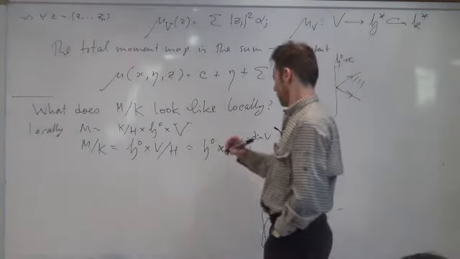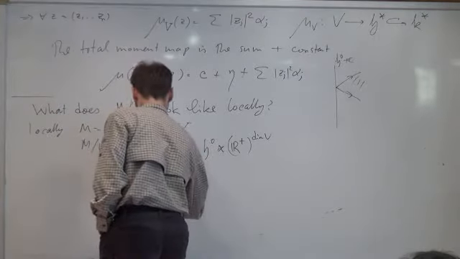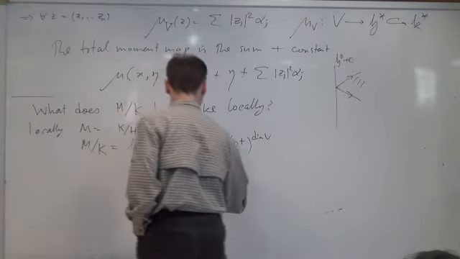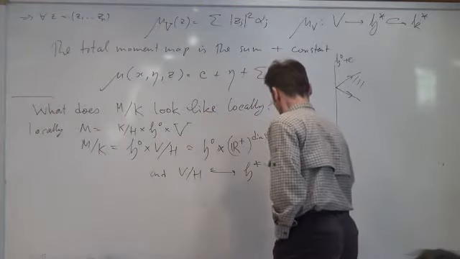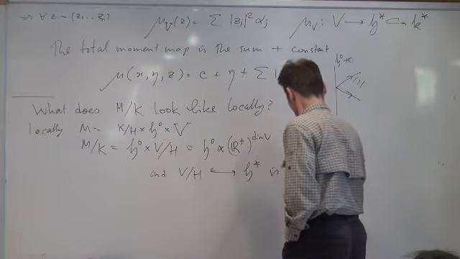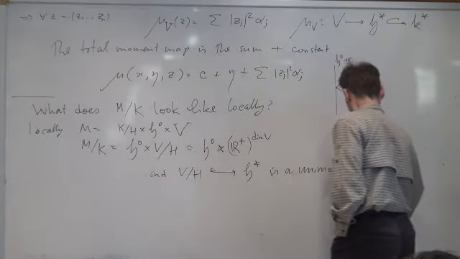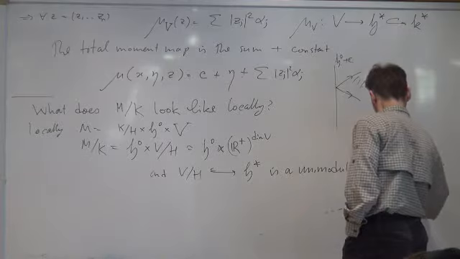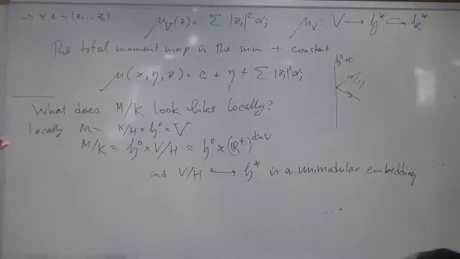And V mod H to H star is an embedding, a unimodular embedding. Here's the cone.